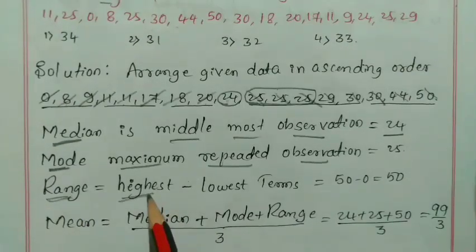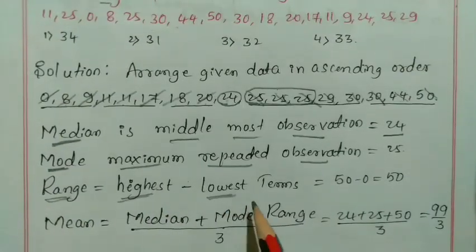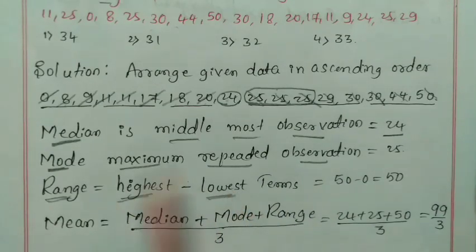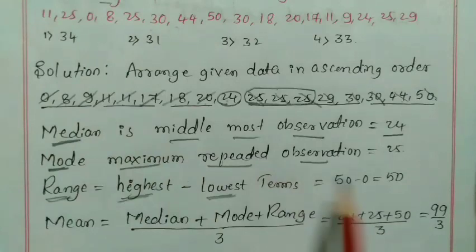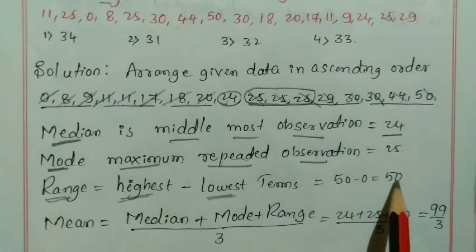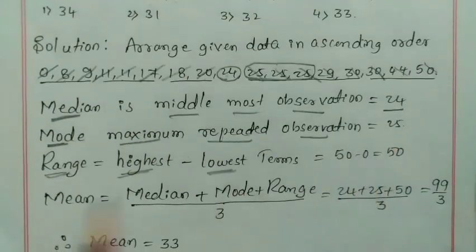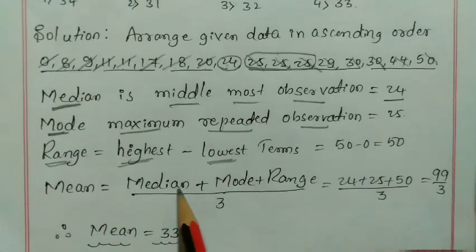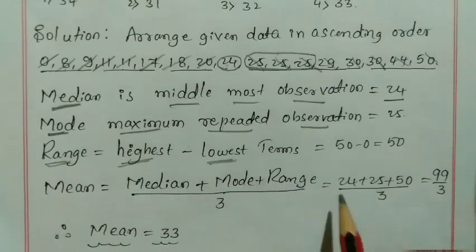Then the range formula is highest minus lowest terms, or highest minus lowest data. Highest is 50 and lowest is 0. 50 minus 0 is 50. Then you can find the mean of median, mode and range. If you want to find it, you can add these 3 and divide by 3.